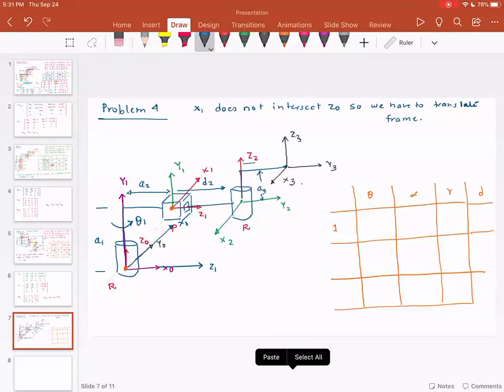This distance is A4. So first and foremost, theta is the rotation about Z0 so that X0 gets aligned with X1. And as you can see, my X1 is here, my X0 is here. So theta is going to be 90 plus theta 1.